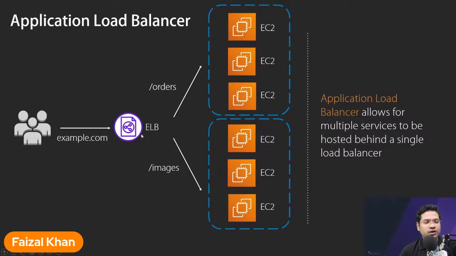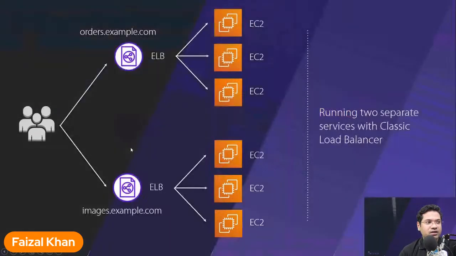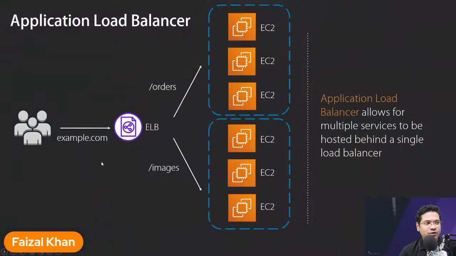You can see what the user is typing in and then route the traffic accordingly. So in our previous example, the same thing, orders.example.com and images.example.com, it will look at what the user is typing in and then route it accordingly to your different groups of EC2s. So this way you don't need to have multiple load balancers. You can just have one application load balancer and route it accordingly.